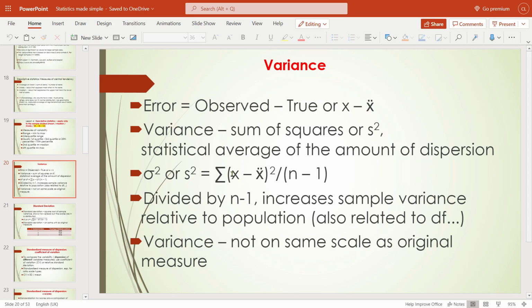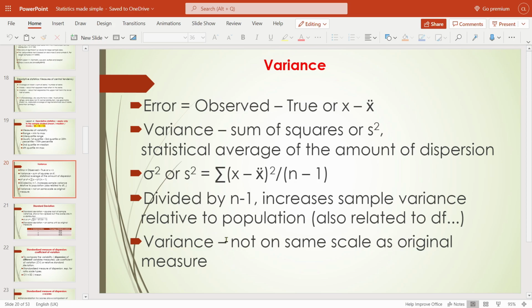So this represents your sample observed value minus the mean. Variance is divided by n minus 1, which actually increases the sample variance relative to population variance. This is of course also related to the degrees of freedom, where the mean is fixed, therefore the degrees of freedom is reduced by 1.